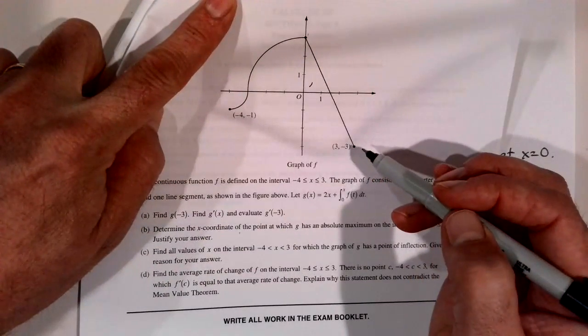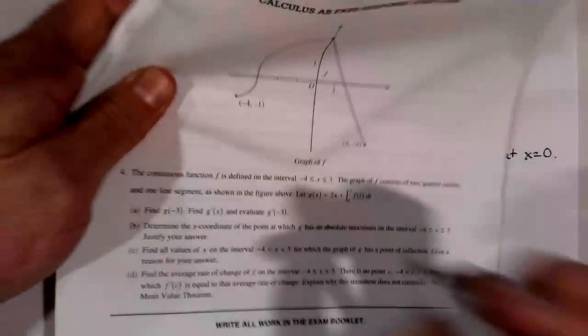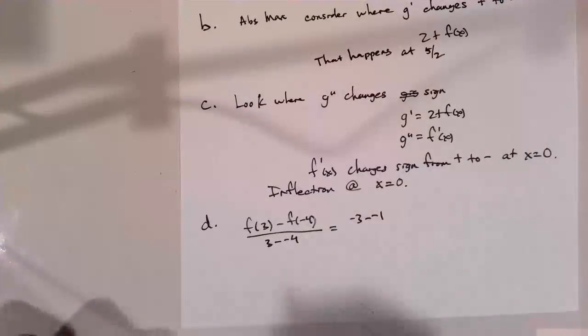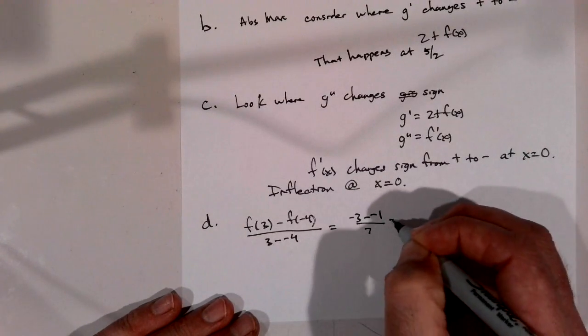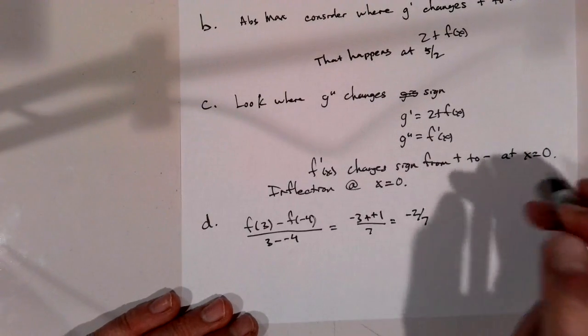I get f of 3 is -3 minus -1, since f of -4 is -1, over 7. And so we get -2 over 7.